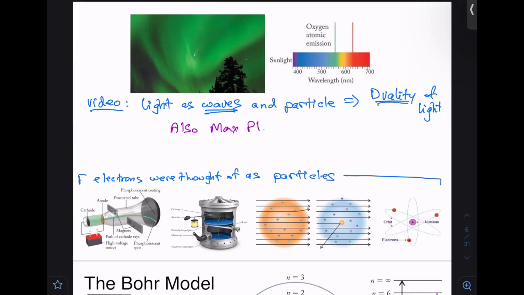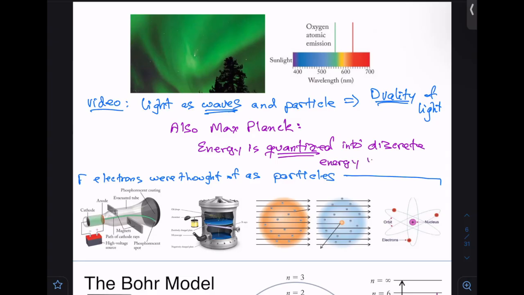Right, but we're bringing all of this into play here. Max Planck, this gave us the idea of the quantized energy levels. Quantized into discrete energy levels, or I'll call these packets.